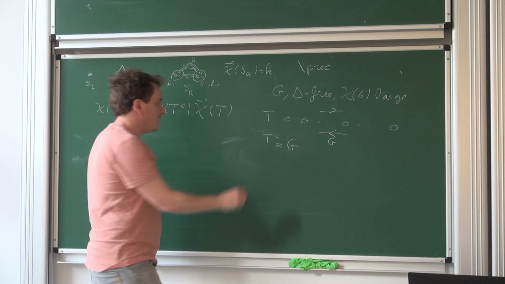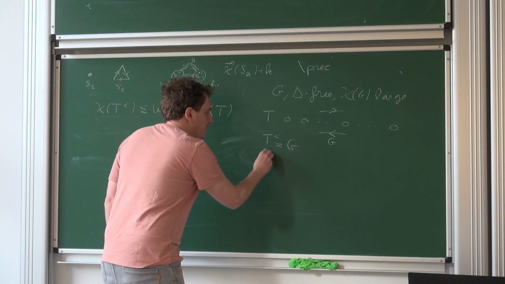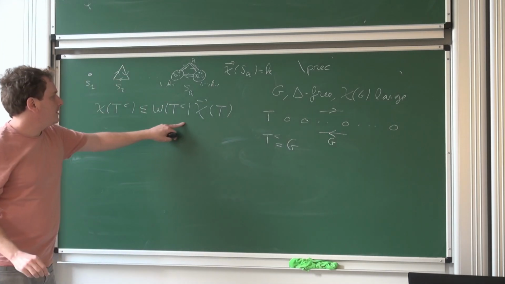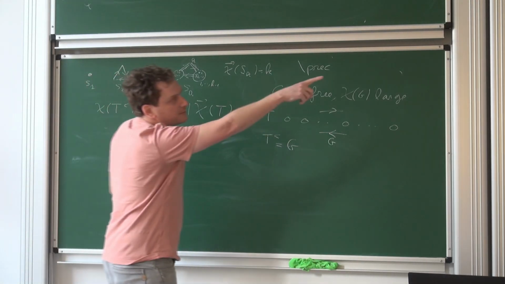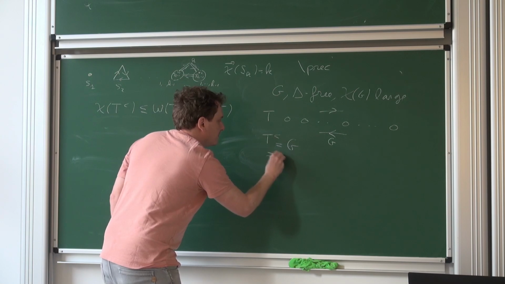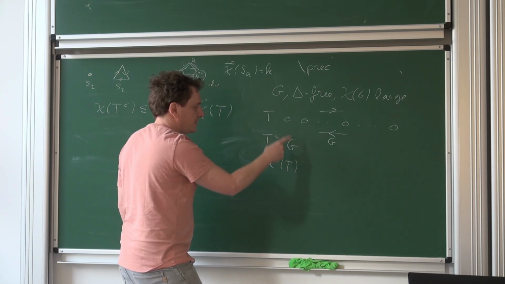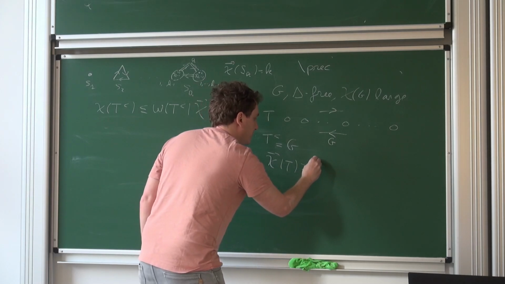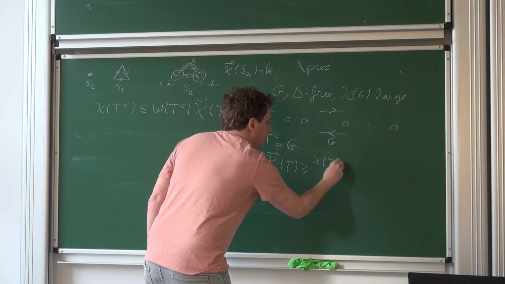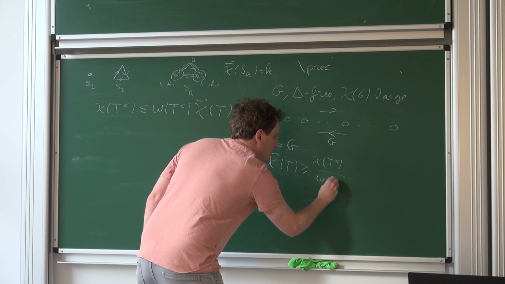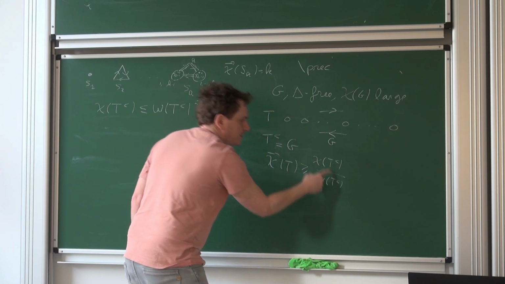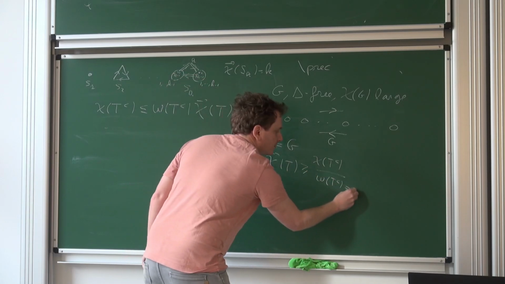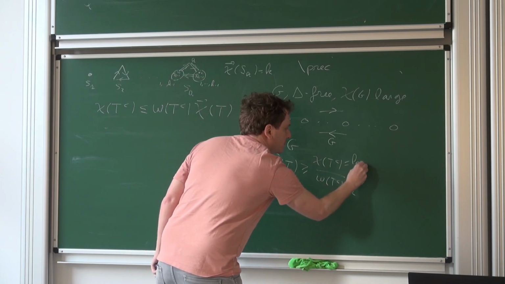And now, because of this inequality, I know that the dichromatic number of T is at least the chromatic number of the back-edge graph divided by the clique number of the back-edge graph. But since the back-edge graph is G, this is equal to 2, and this is equal to large.